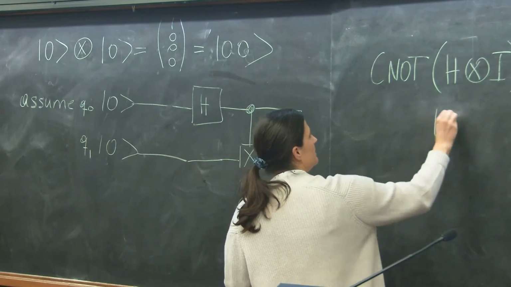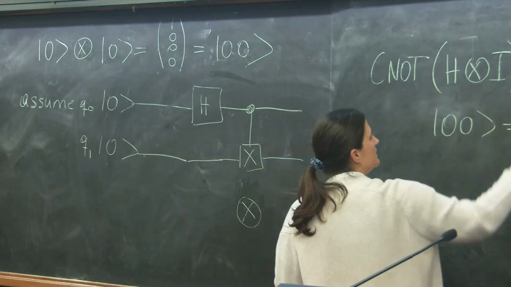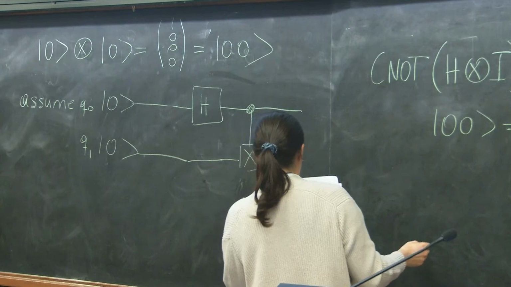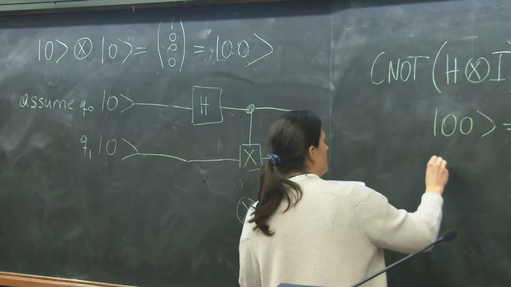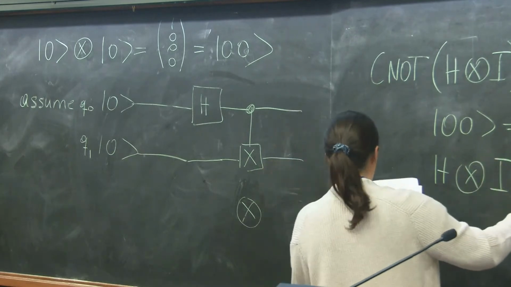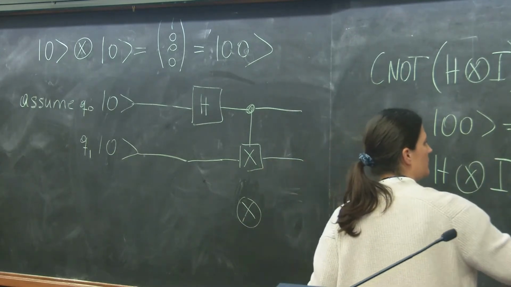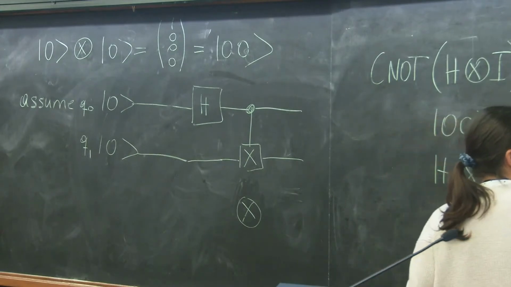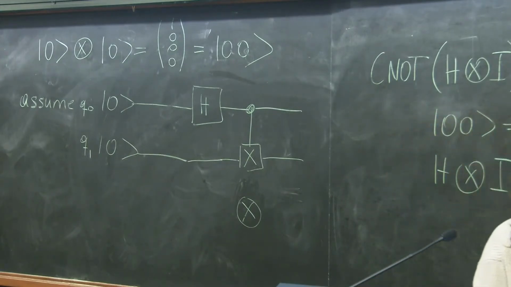So 0, 0 is your 1, 0, 0, 0 column vector. Then what you do is Hadamard tensor product with the identity matrix. You have 1 over square root of 2 of 1, 1, 1, minus 1. You do your tensor product with the identity matrix.